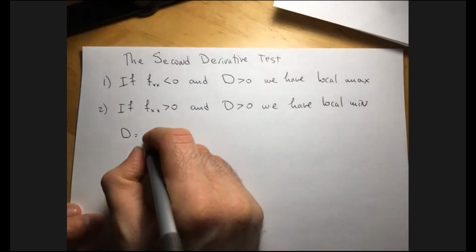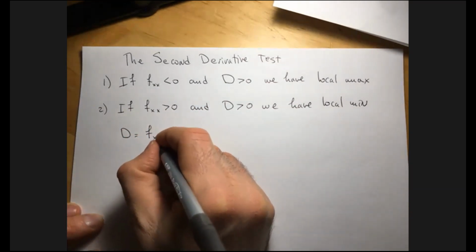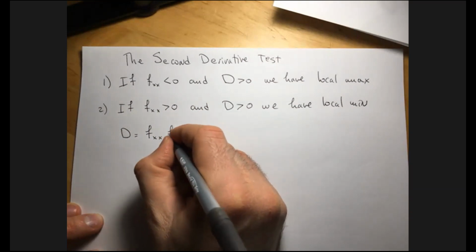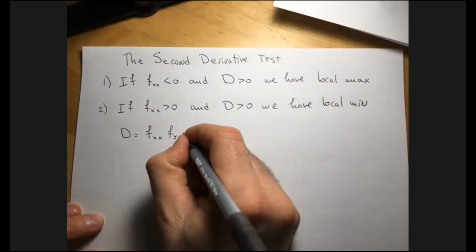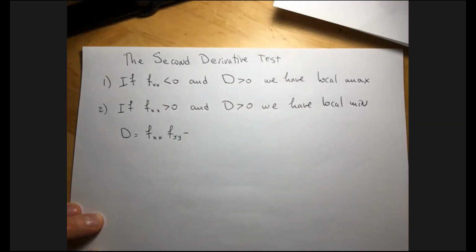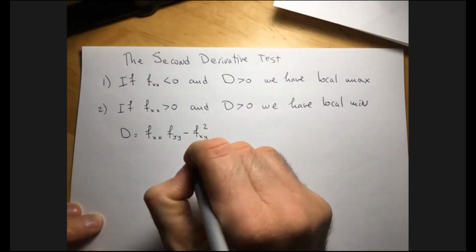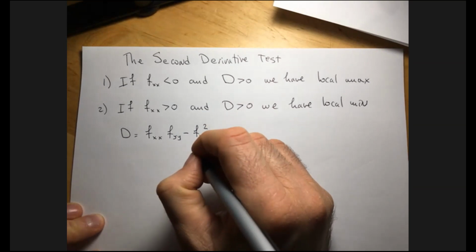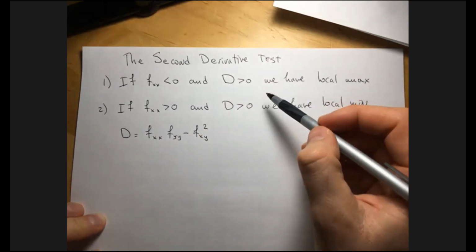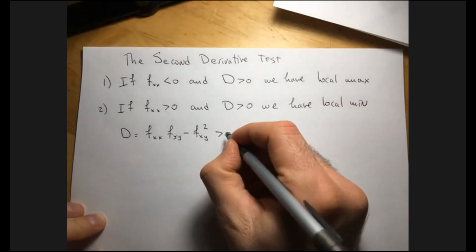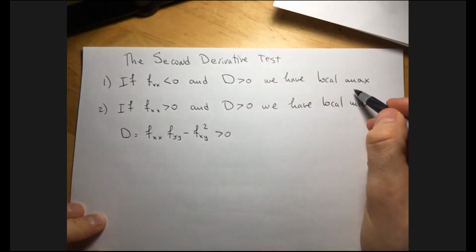This discriminant being defined as f double x, f double y minus the mixed derivative squared, needs to be greater than 0 in order to talk about local maximum and local minimum.